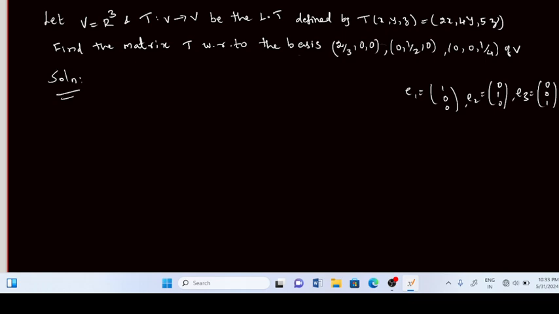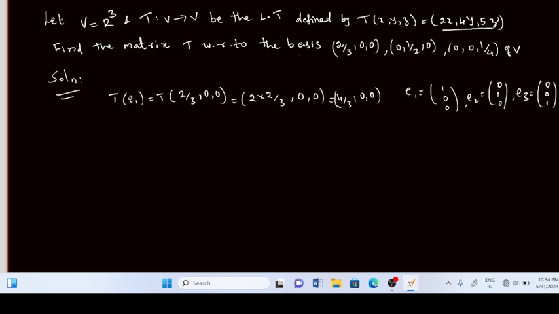We have the function T(x, y, z). First we substitute T(E1), that is T(2/3, 0, 0), in the given function. Here x is 2/3, so 2 times 2/3, and y is 0, z is 0, so we get 4/3, 0, 0.